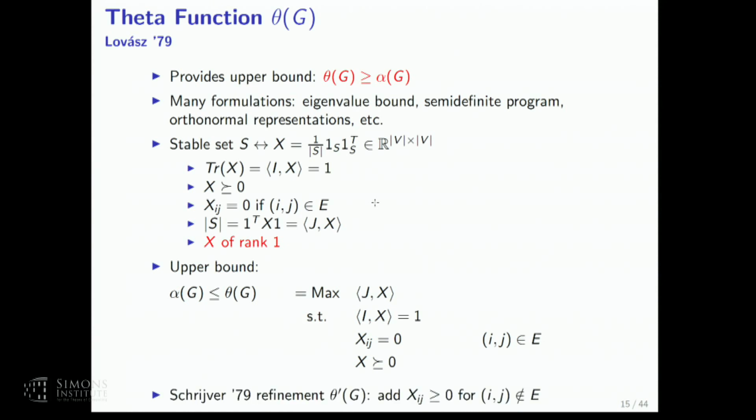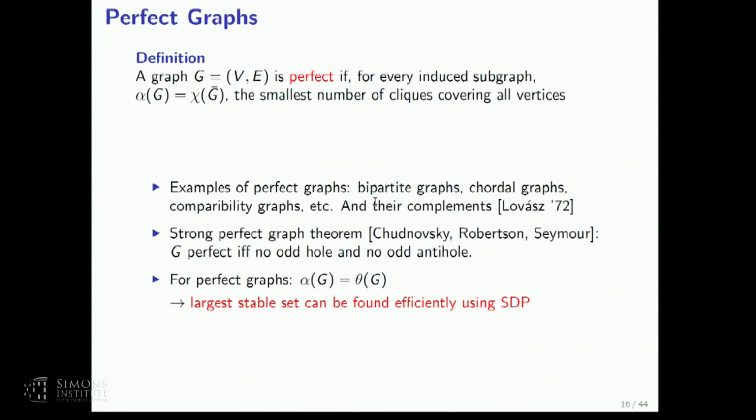Now, what's amazing about the theta function is that if you look at a subclass of graphs, the class of perfect graphs, the notion is this. Clearly, a stable set and a clique, where a clique is a complete subgraph, can have at most one vertex in common.